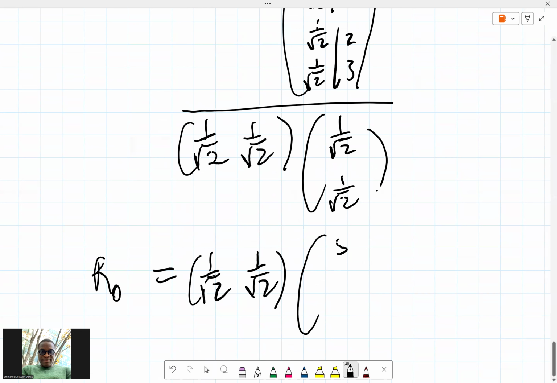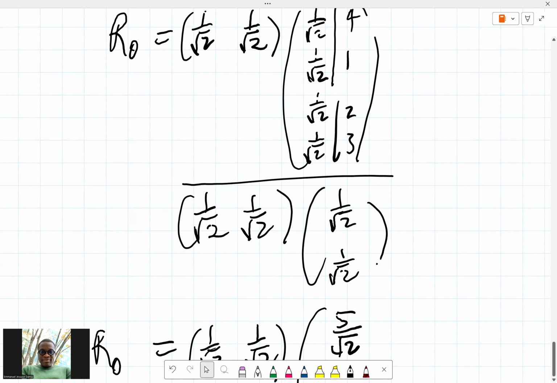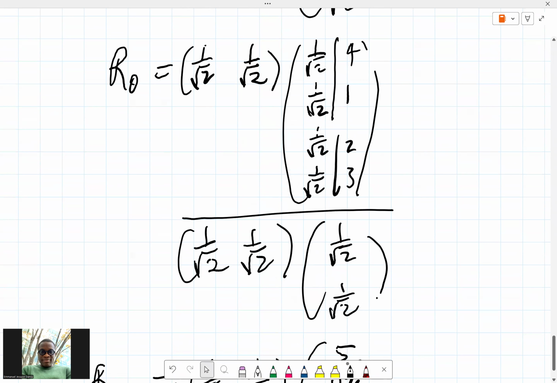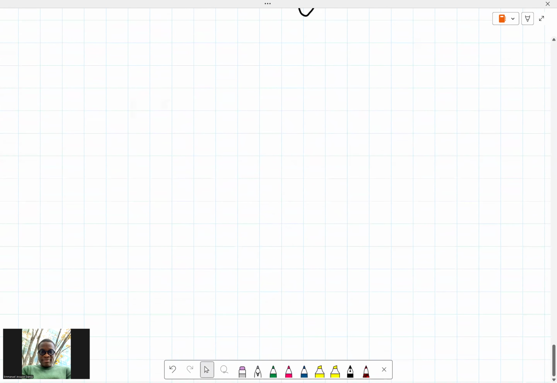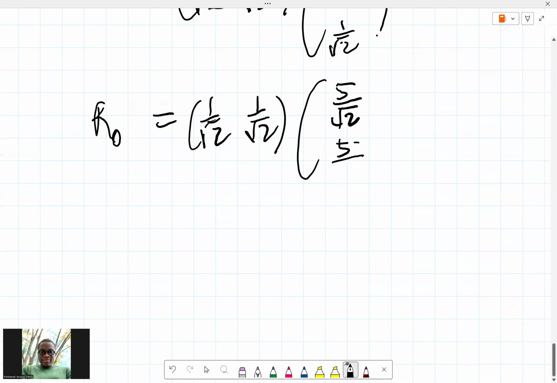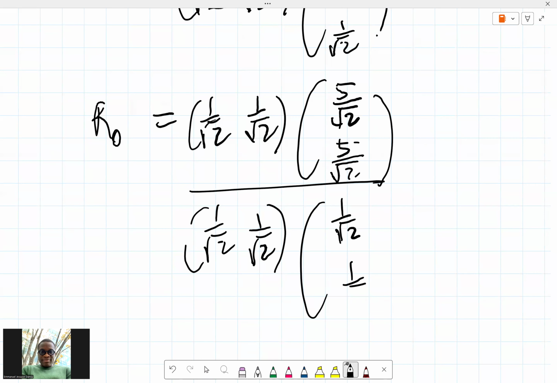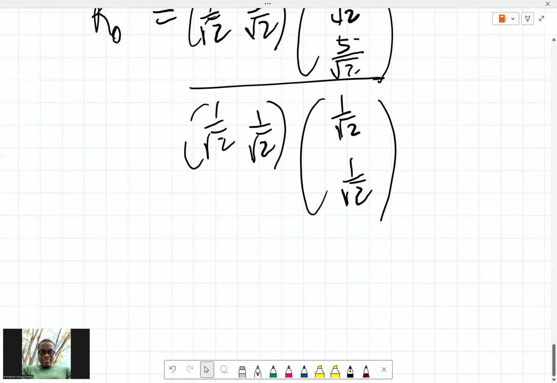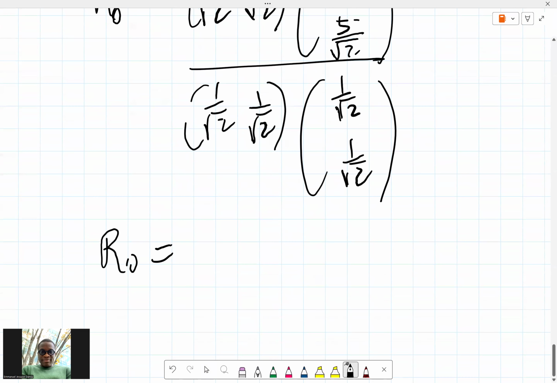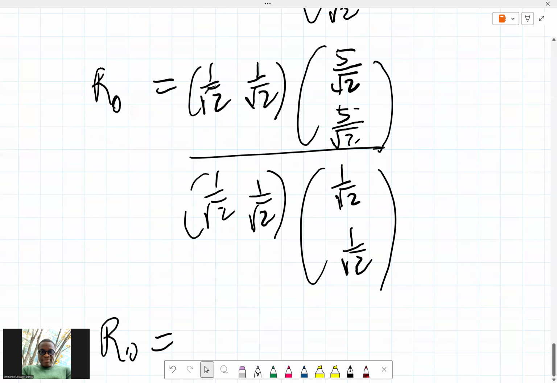This is 5 over root 2 all over, and so 2 times 1 over root 2 plus 3 times 1 over root 2. That's another 5 over root 2 all over 1 over root 2, 1 over root 2 into 1 over root 2, 1 over root 2. Okay, so that R0, the first Rayleigh quotient, we can do all this now.